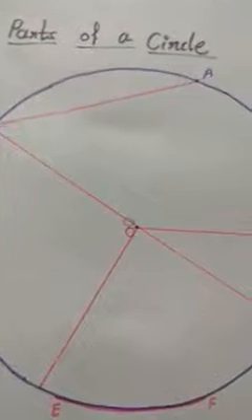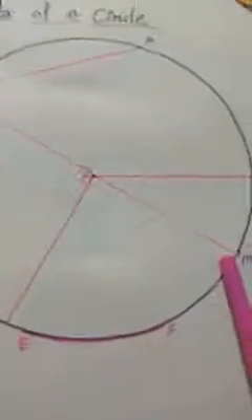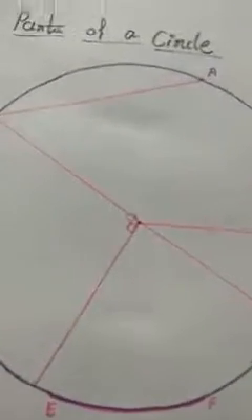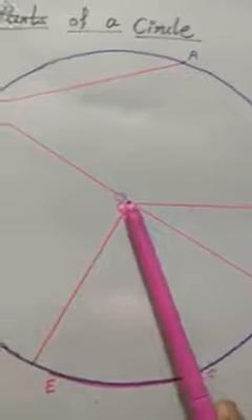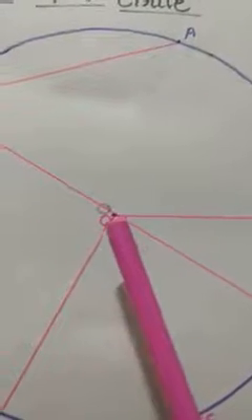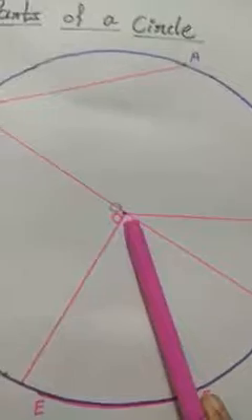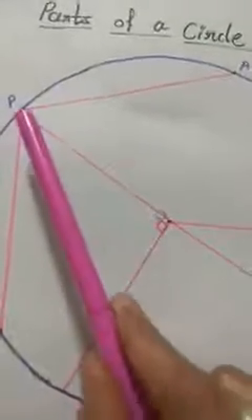Then let us study what are the parts of a circle. Parts of a circle are radius, diameter, which divides the circle exactly into two parts and passes through the center of the circle. The center of the circle is also part of the circle.